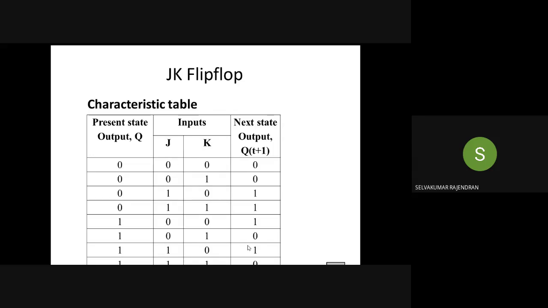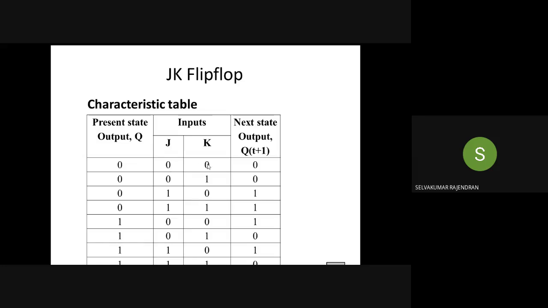This characteristics table takes both inputs and present state outputs: Q, J, K. Here the present state value is 0 and inputs are 0, 0.